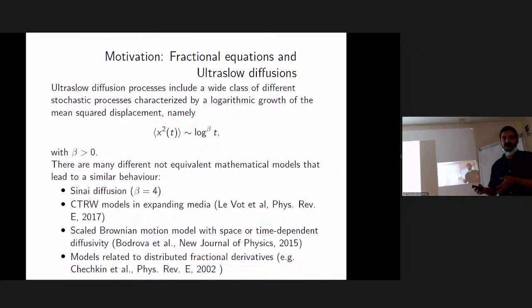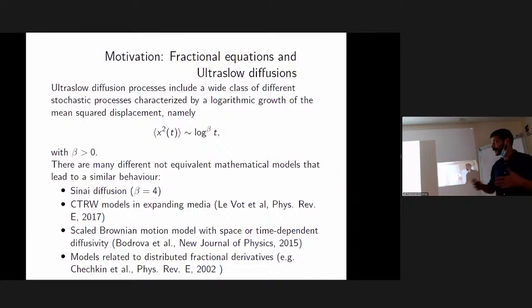Anomalous diffusion is really generic because there are many different stochastic processes: fractional Brownian motion, continuous time random walks, and so many different anomalous diffusions. Here, when we speak about ultra-slow diffusion, it is the same.